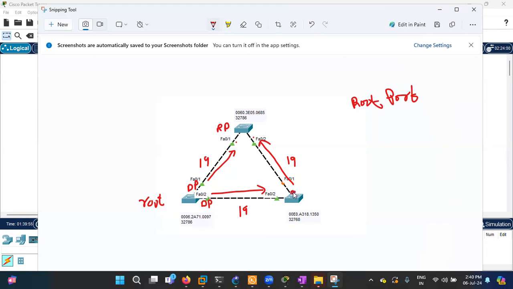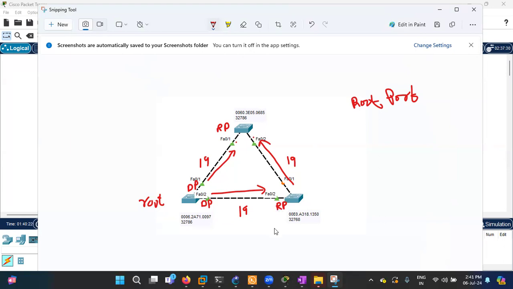If this port becomes a root port, in that case the cost will be 38. From here it will go here, 19 plus 19, 38. Then the other one is having the lowest cost, only 19. So the cost will be 19. So this port will become a root port. Got it, right?